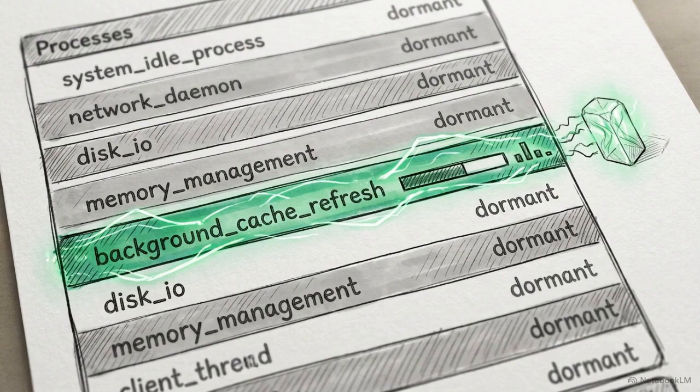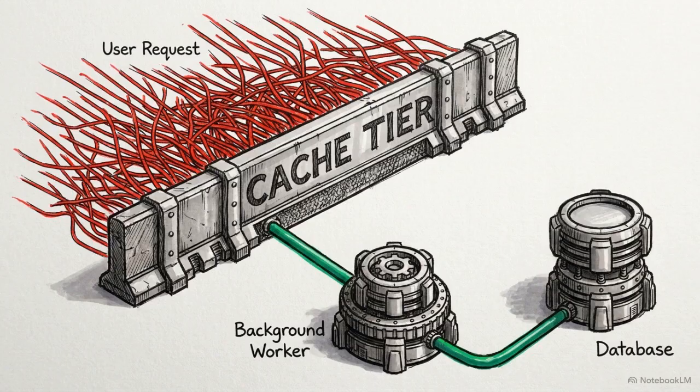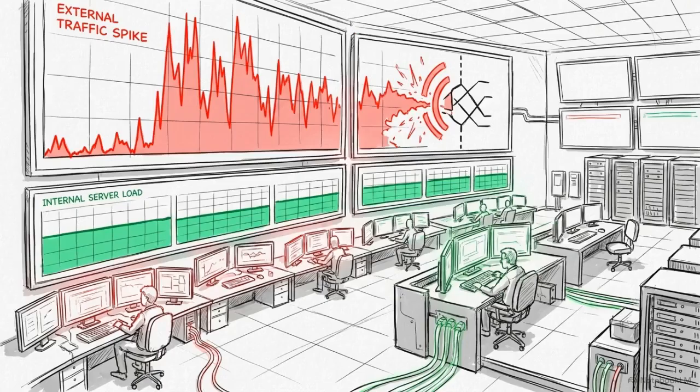Behind the scenes, the system spins up a single, isolated background process. This solitary worker safely queries the database, pulls the fresh data, and silently updates the cache without exposing the backend to the massive traffic spike. High availability engineering requires architects to accept controlled, temporary data staleness. This trade-off guarantees absolute system survivability during traffic surges.